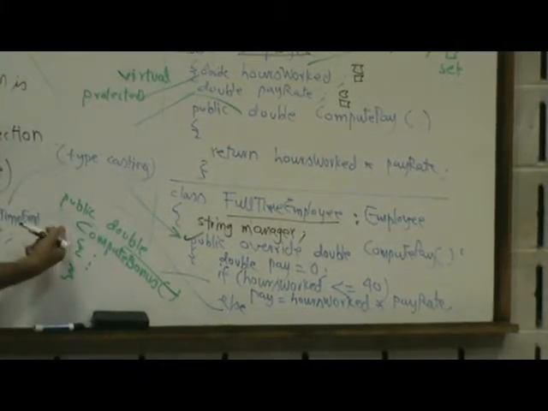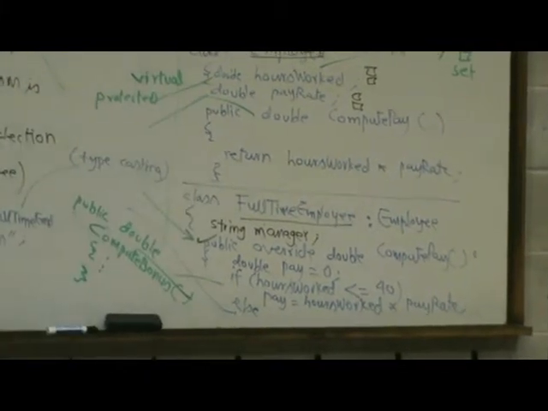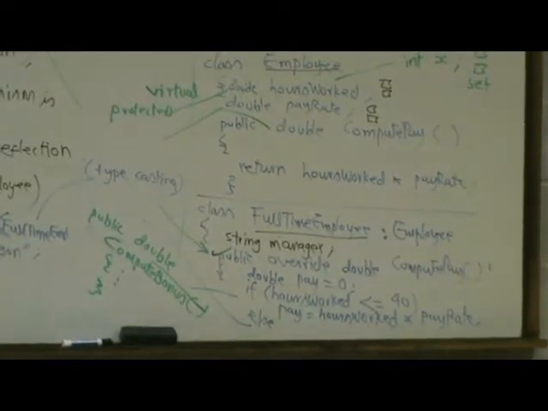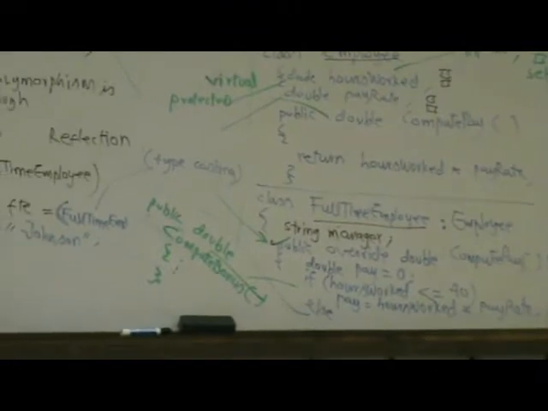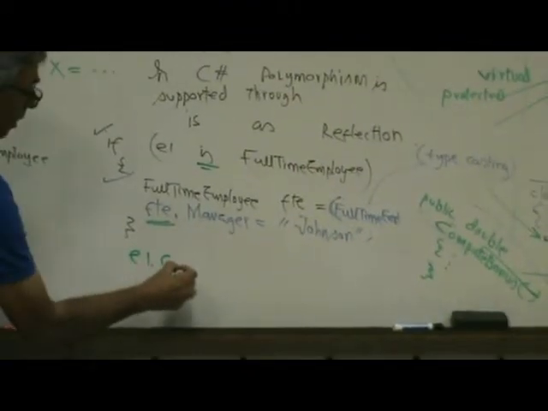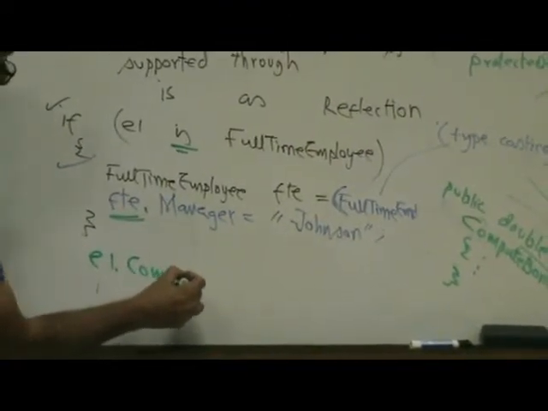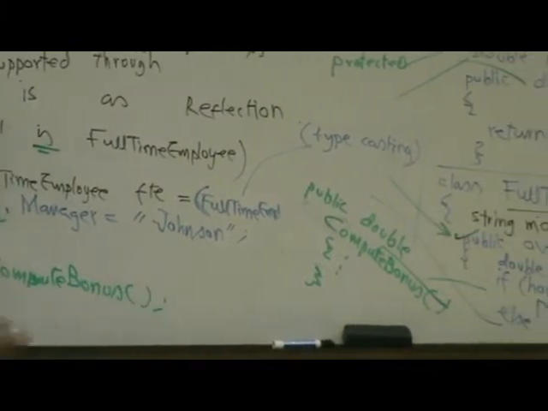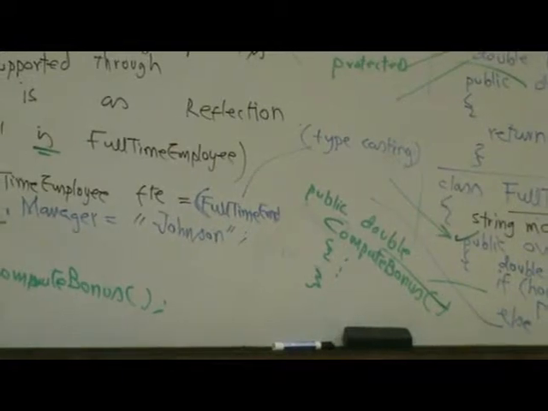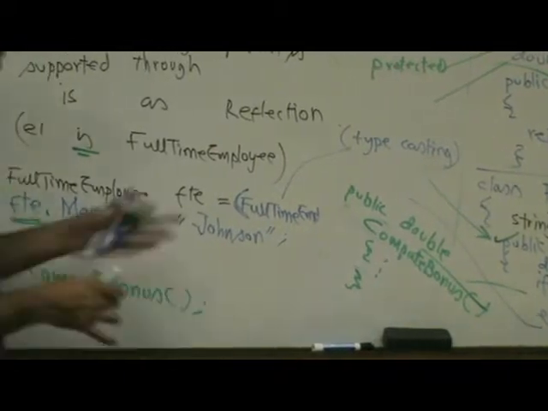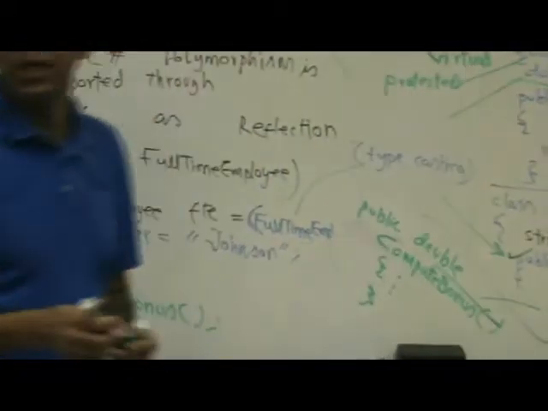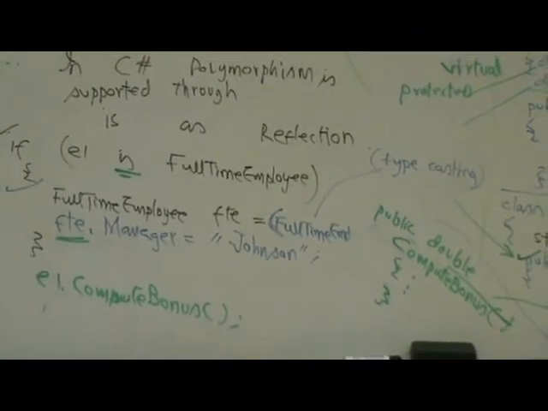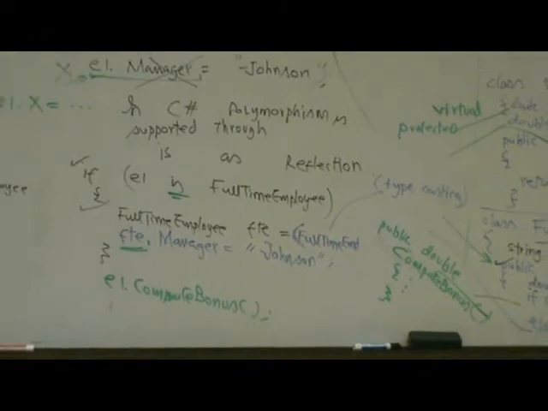And remember, this does not exist in the employee class. So how will we call this compute bonus? Again, through E1. If you try to do E1 dot compute bonus, will the compiler let you succeed? No. Why? Because the compiler goes by what is E1. E1 is employee, and there is no compute bonus over here. So again, we can either use the is operator, as operator, or reflection.